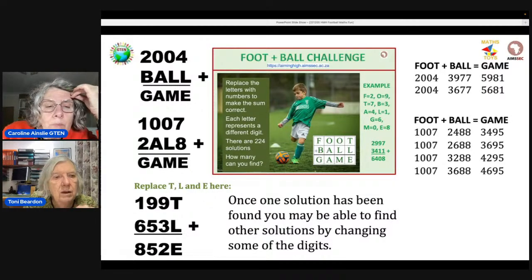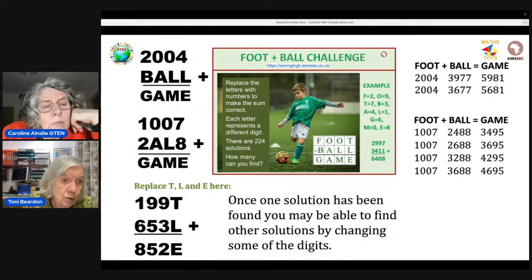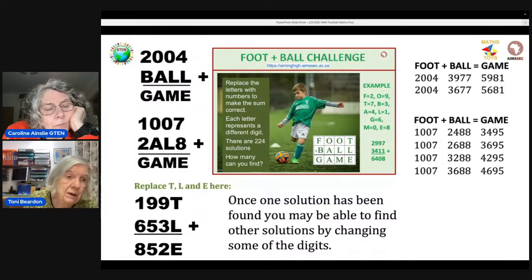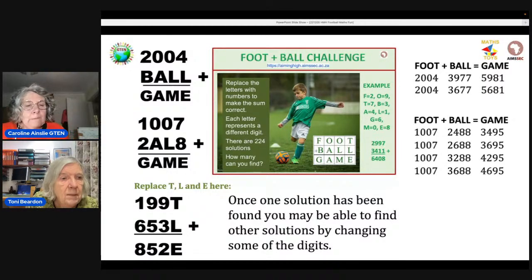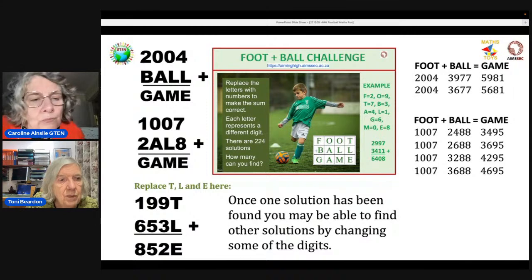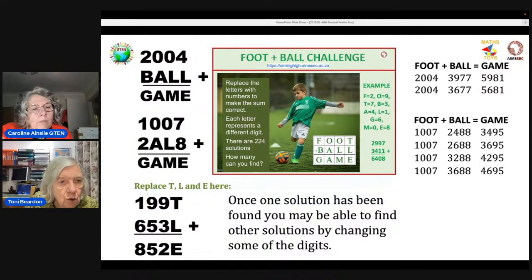And then the 1007 solution, and also the letters you're trying to replace. Well, you know L is 8. That's fine, because we know L. We know the other numbers can't be 1, 7, 2, and 8, and 0 because those numbers are already used.